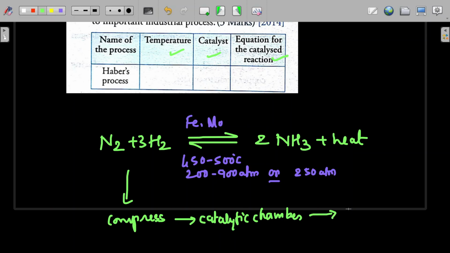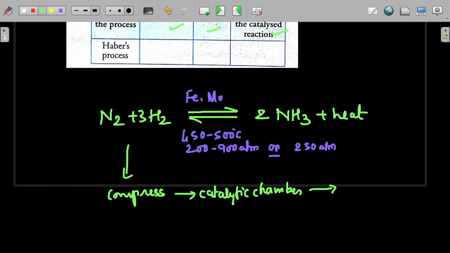Then you have to take it to the next chamber where you are going to separate ammonia, because it is a reversible reaction. What happens? Nitrogen and hydrogen are not 100% converted into ammonia. A large amount of nitrogen and hydrogen will remain unreacted. So the last part, we remove the unreacted hydrogen and nitrogen by liquefying ammonia gas.